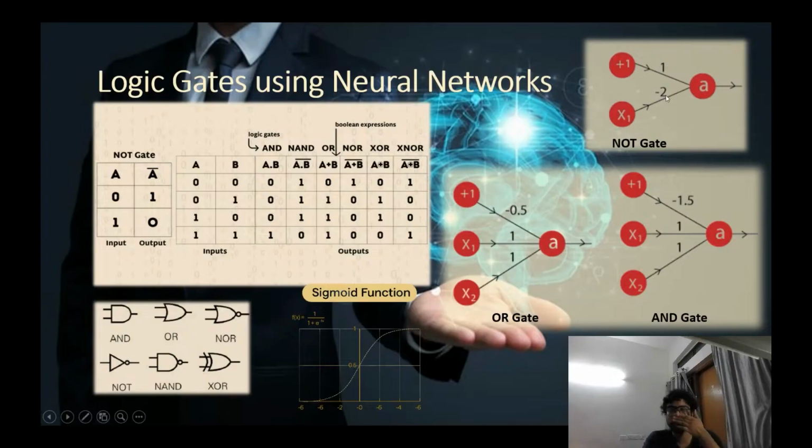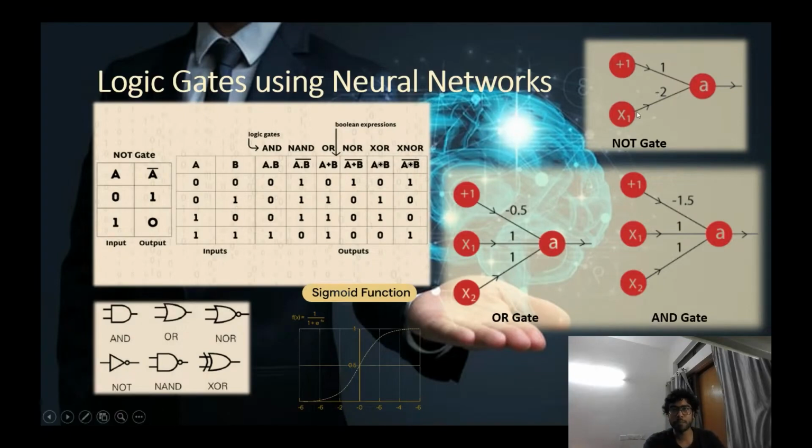We'll do some calculations after this, but try to understand it from a conceptual point of view first. What will happen in the summation function is that it will take 1 times 1 plus whatever input you give here times minus 2, sum it up, pass it through the sigmoid function, and finally give you the output.